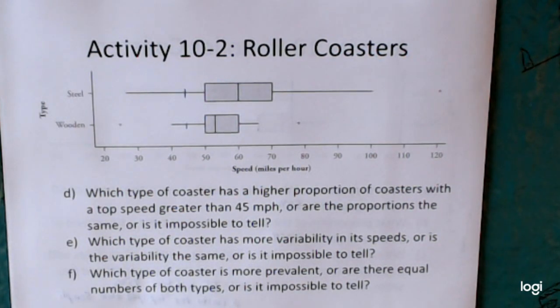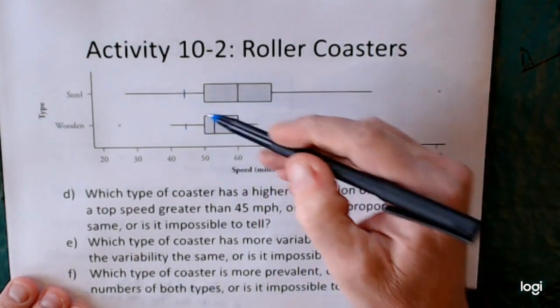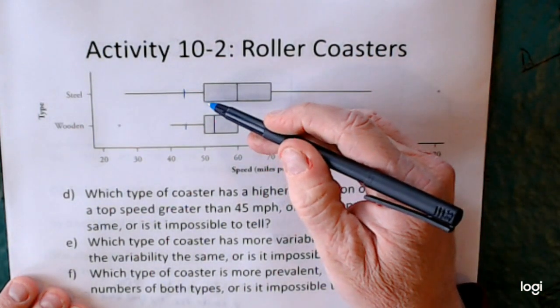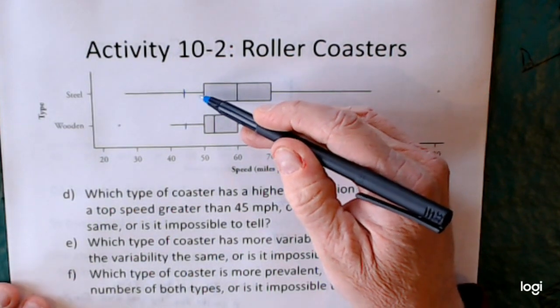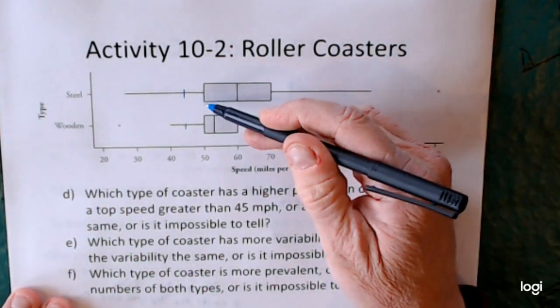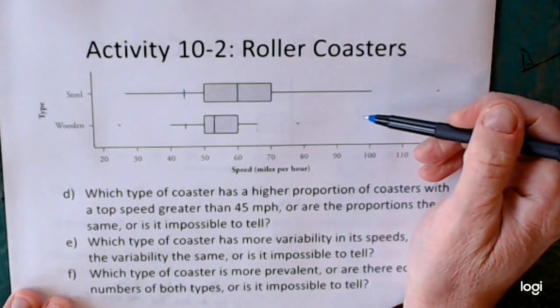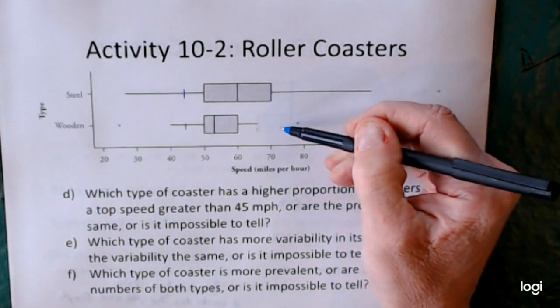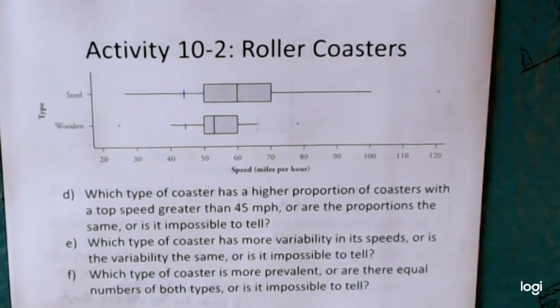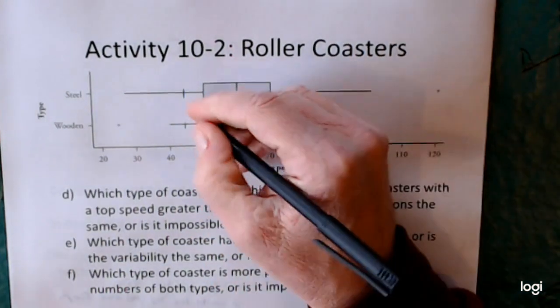We can't say anything about the proportions with a top speed greater than 45. Well, we can say something, but we can't say much. I know that at least 75% of the steel coasters have a top speed above 45, and at least 75% of the wooden coasters have a top speed above 45 miles per hour. But I don't know.